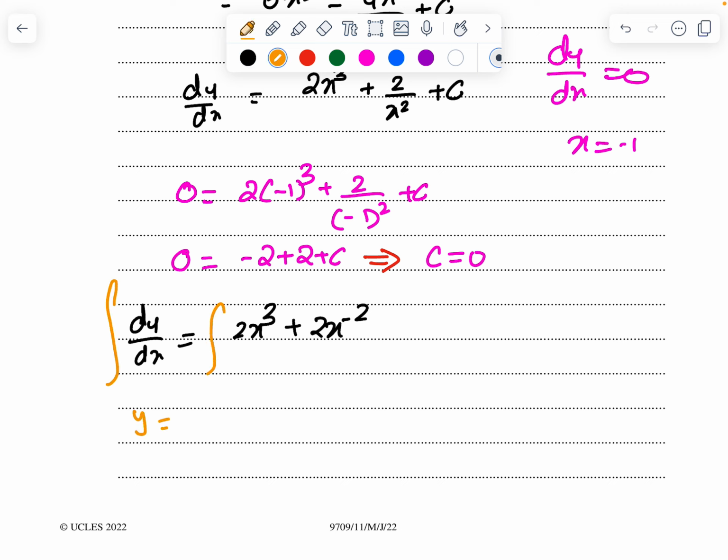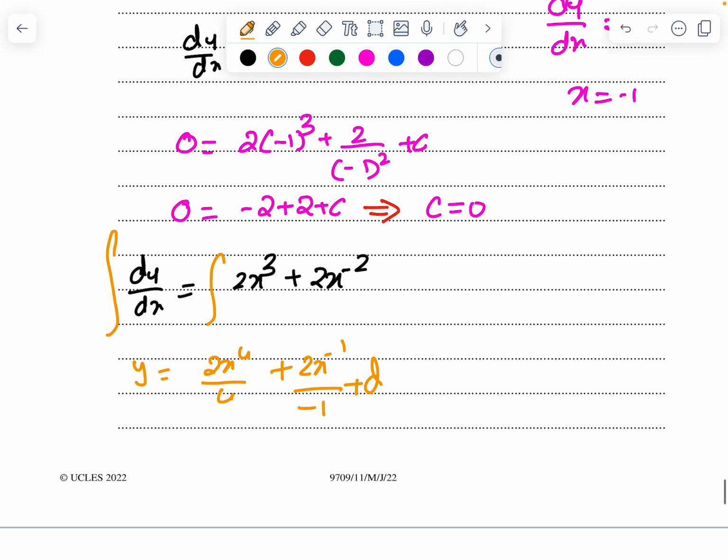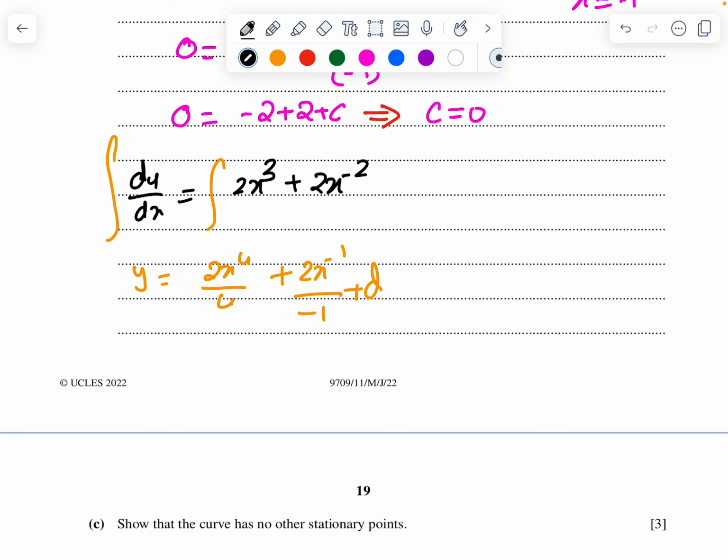So y equals 2x⁴/4 + 2x^(−1)/(−1) + d. Then from there I get y = (1/2)x⁴ − 2/x + d. But it passes through the point (−1, 9/2).